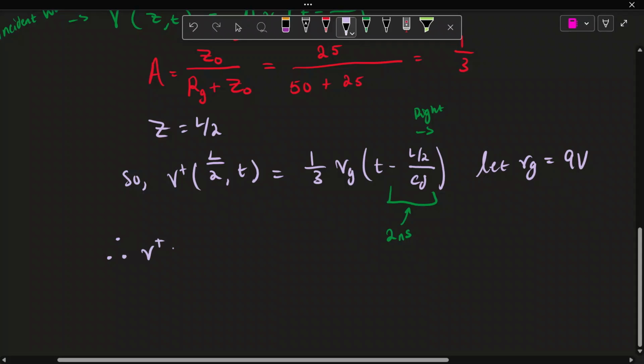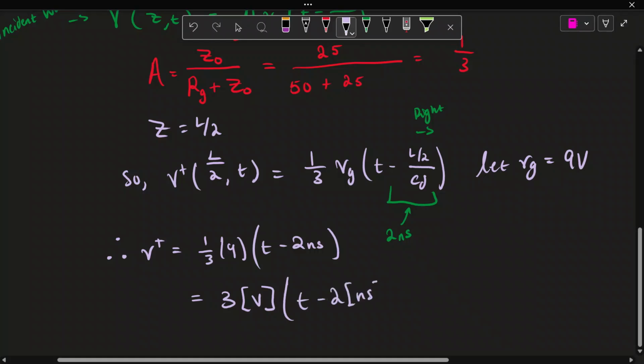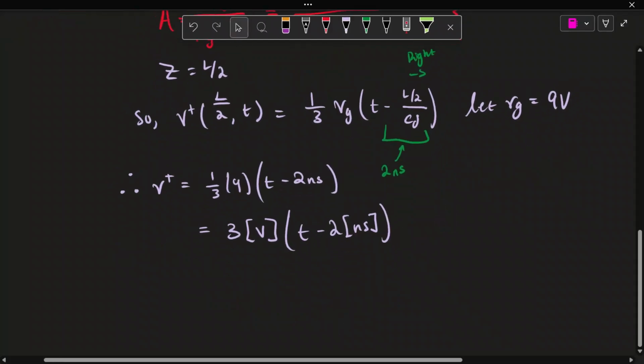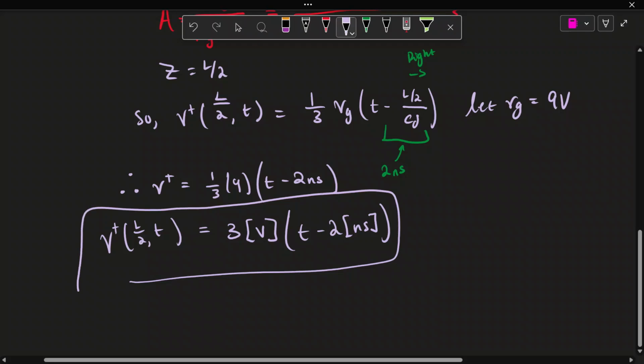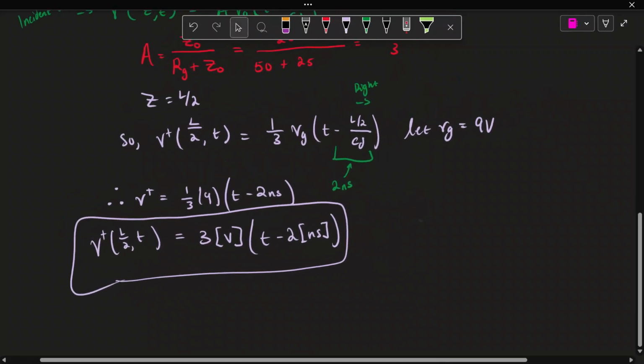Therefore, V plus is equal to 1 over 3 times 9 with a time shift of 2 nanoseconds. So then this is equal to 3 volts, your amplitude, times t minus 2 nanoseconds for your incident wave. And this is the equation, oops, that should not be a gamma. This is your equation for the incident wave when you're drawing it.